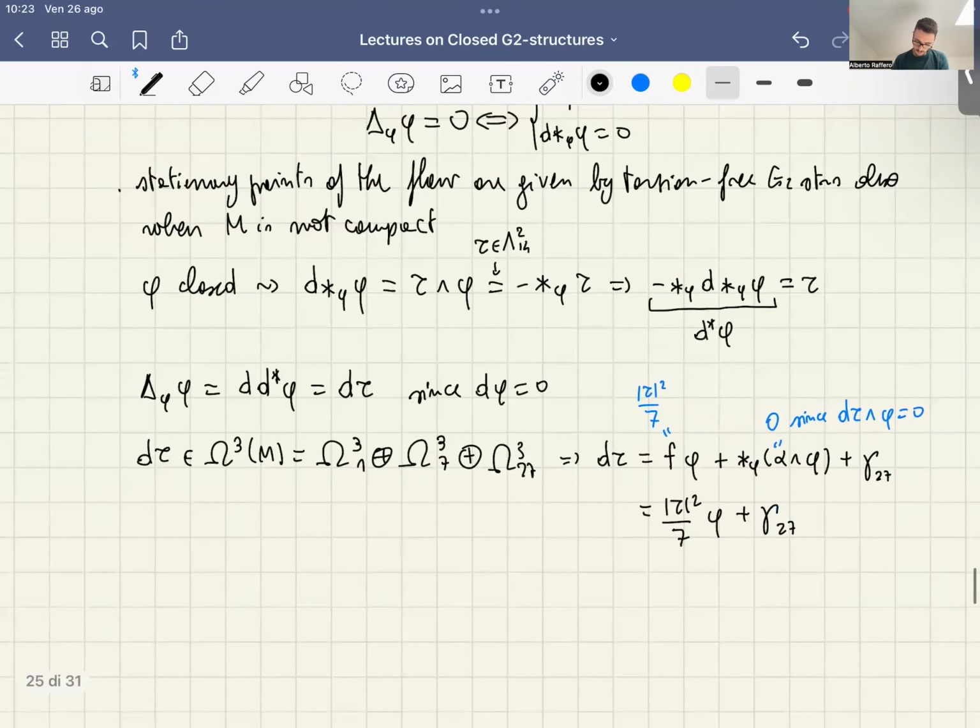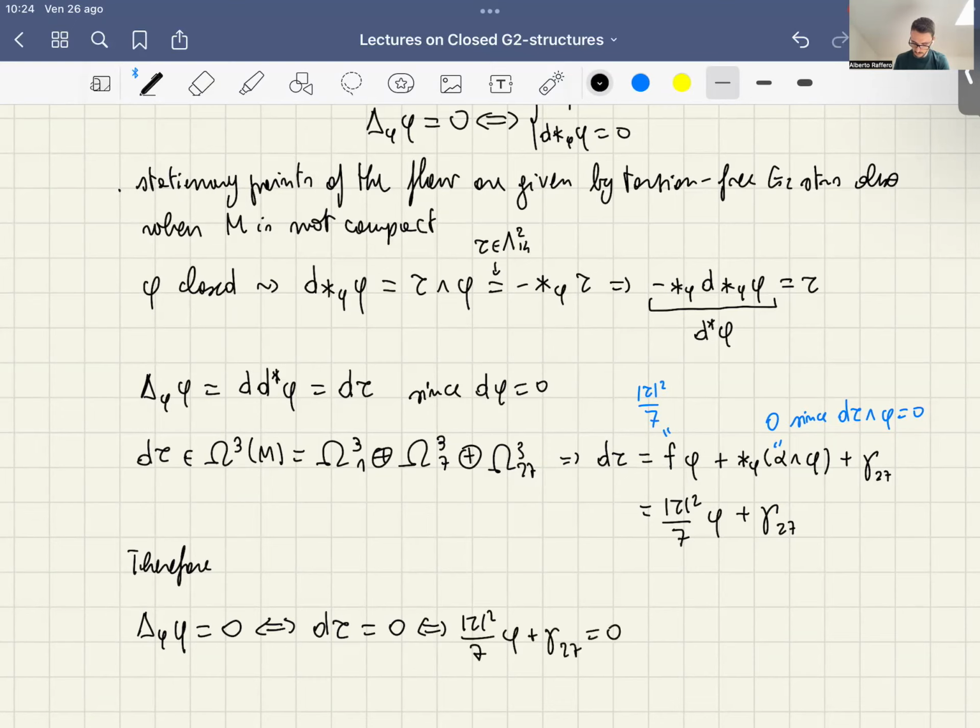So what's going on here is that you have that the Laplacian of phi is equal to 0 if and only if, by definition, d tau is 0, and this happens if and only if the squared norm of tau over 7 times phi plus gamma 27 is equal to 0. But here we have a decomposition that is orthogonal with respect to the metric induced by phi.